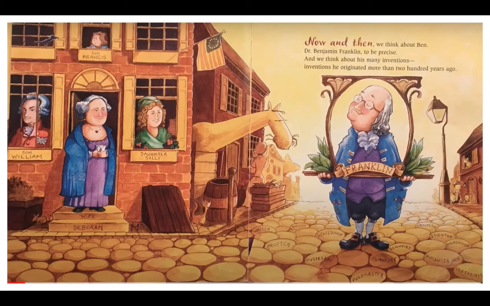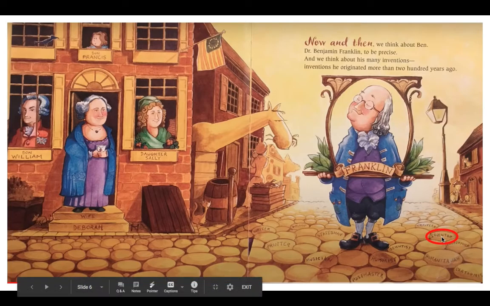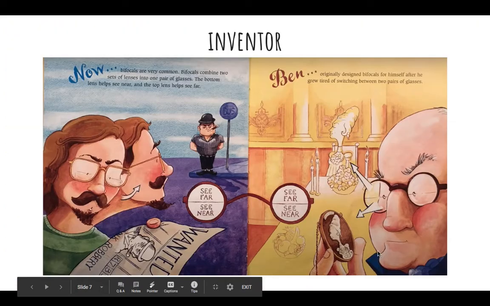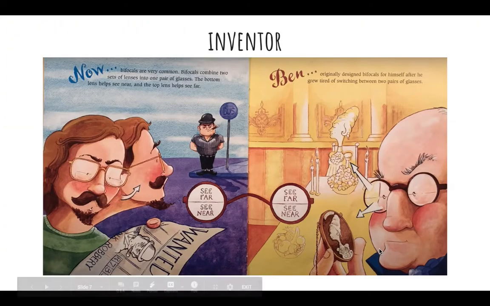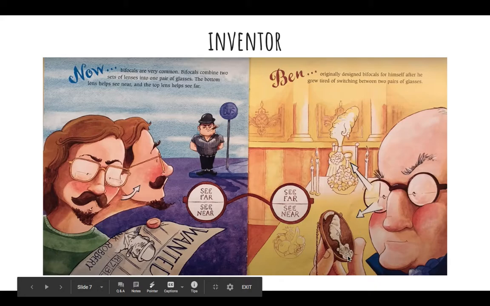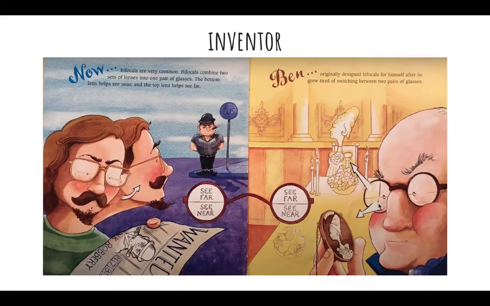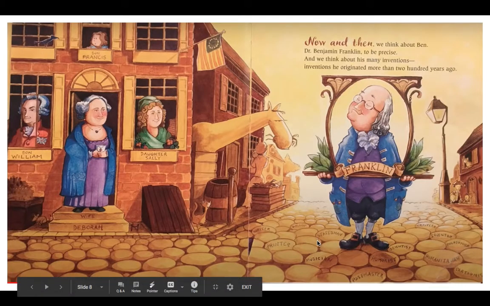So let's see. Miss G's going to focus on one word. Bam! Inventor. So the word inventor, why is that there? Maybe because he was an inventor, right? Benjamin Franklin was an inventor. He invented the bifocals. Let's try that again.